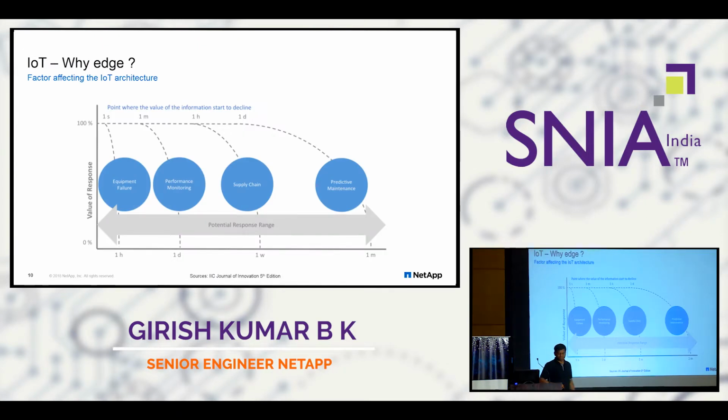Now this slide talks about some of the key factors as to why the architecture is the way it is today. This is a graph which shows value of response on the y-axis, and this is the response time. For equipment failure, this is how you read it: if you get the information below 1 second, it's good enough, you can extract the value out of that.